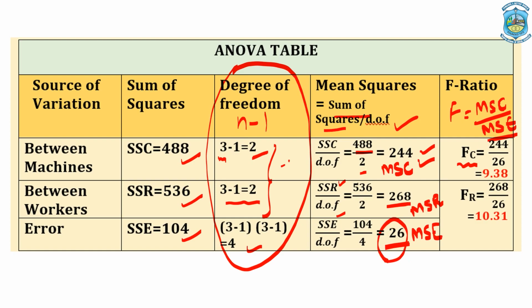So we divide 244 by 26, and it becomes 9.38. Now the second formula for F, for the workers, that is denoted by FR, is equal to MSR divided by MSE. Now MSR is 268 and MSE is 26 again. So our FR is 10.31.